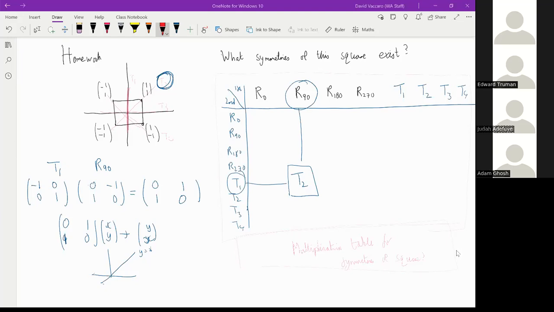Fabulous. So a little bit of an introduction to matrices. We started with McDonald's and we finished with group theory, which is not bad progress. Does anybody have any questions about the questions that I've gone through?